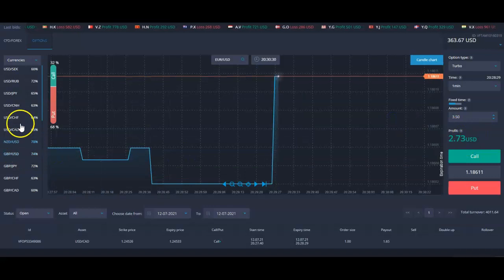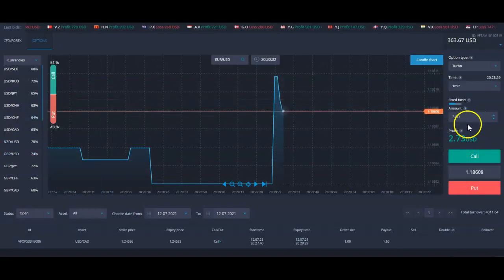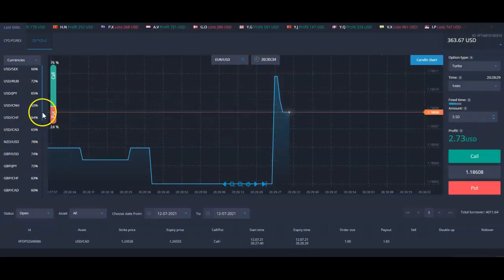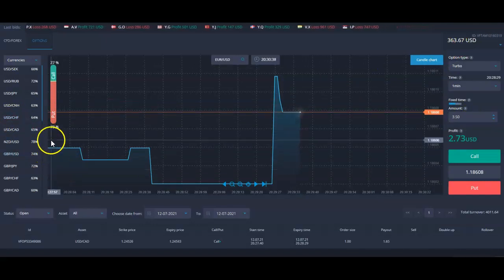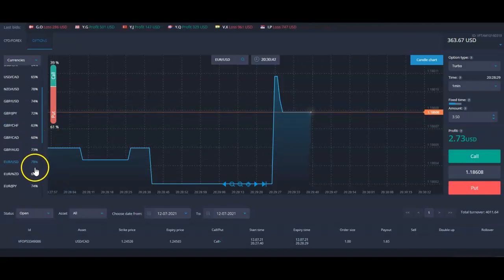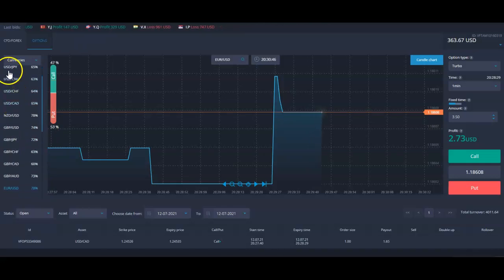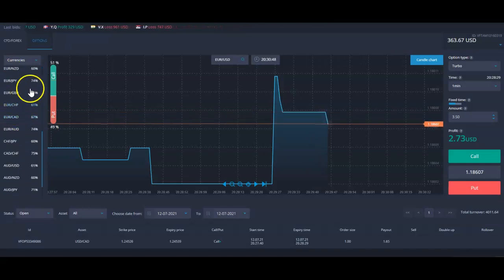If we're taking $3.50 trades at 1%, we want to make sure every trade that we are taking is 70% payout or higher. And where you see the pairs here, you see all the currency pairs that we are trading, and right next to it you'll see a number percentage, and that actually is the payout percentage.